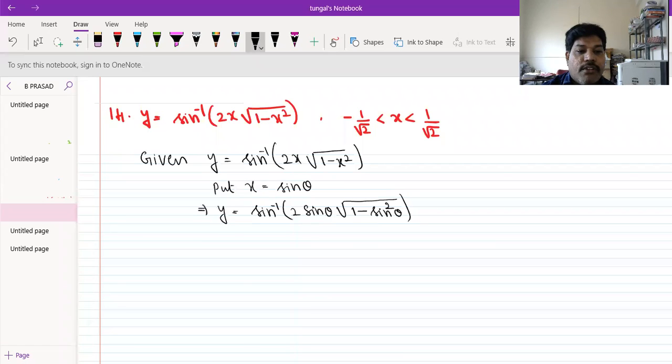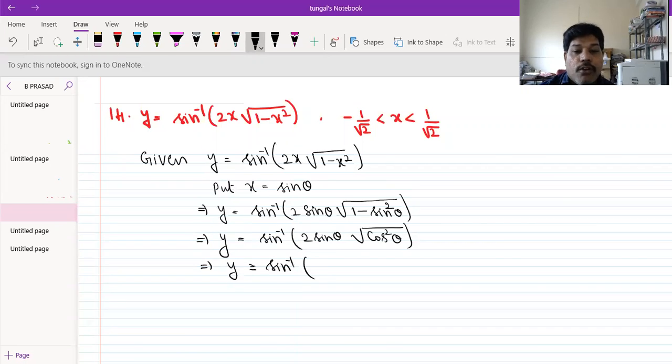So that implies y is equal to sine inverse of 2 sine theta into root of 1 minus sine square theta, and 1 minus sine square is cos square theta. So y is equal to sine inverse of 2 sine theta, and the square and the root will be cancelled.